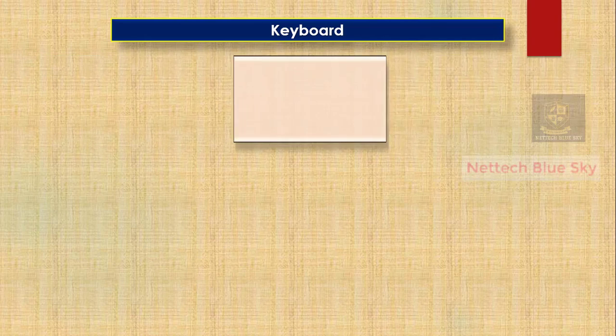A keyboard is one type of input device because you type letters, numbers, and symbols. It is only a signal sending device. So I'm just talking about the keyboard.